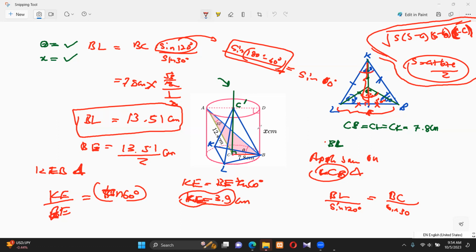So we know the perpendicular height and we know the base as well, and we have the capability of finding the area of this base triangle.